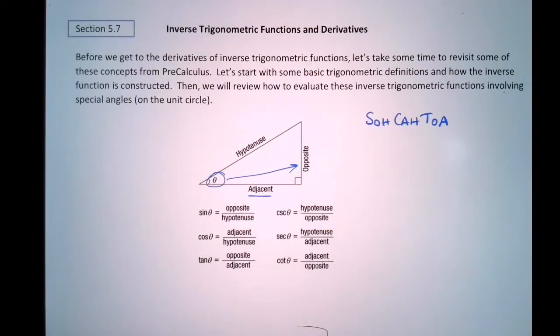That sine is opposite over hypotenuse, cosine is adjacent over hypotenuse, and tangent is opposite over adjacent. The other 3 trig functions are just reciprocals. Cosecant is the reciprocal of sine, secant is the reciprocal of cosine, and cotangent is the reciprocal of tangent. So you do need to know those basic trig functions for sure.